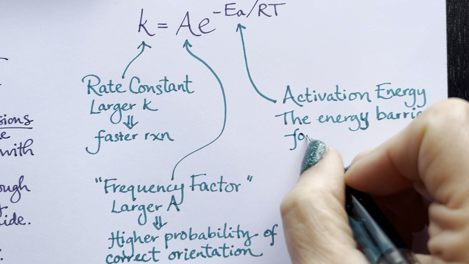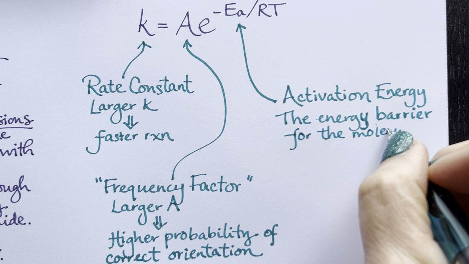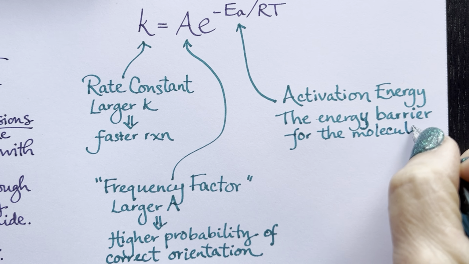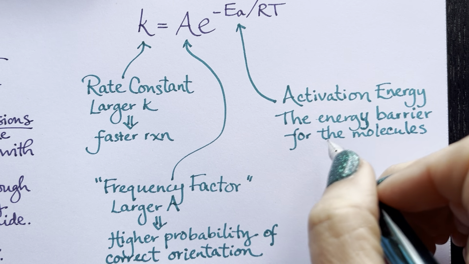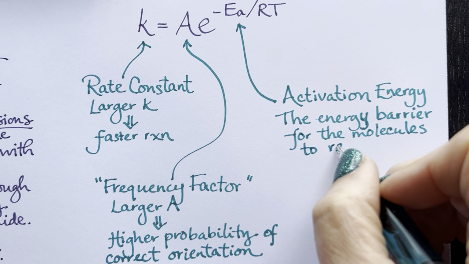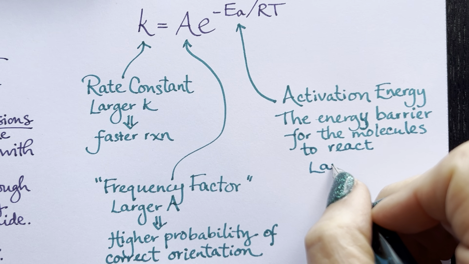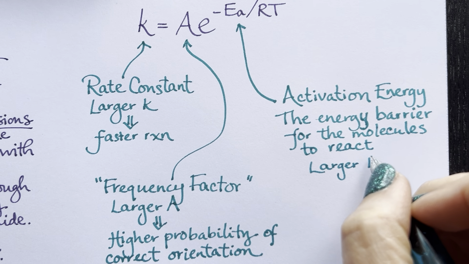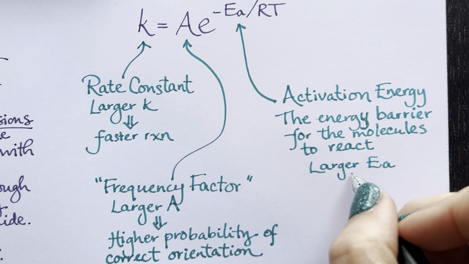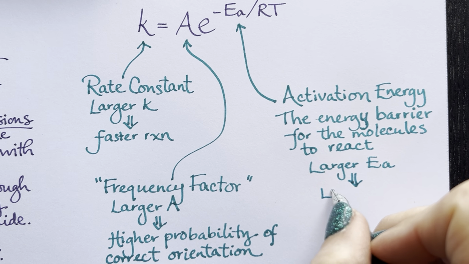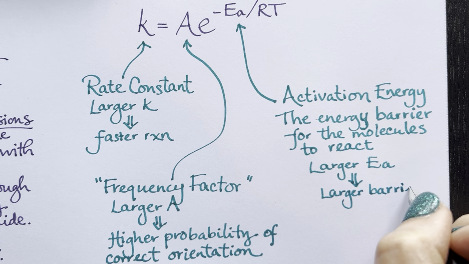For the molecules to react. How much energy do they need to actually react? So if you have a larger activation energy, that corresponds to a larger barrier, if that word is helpful.